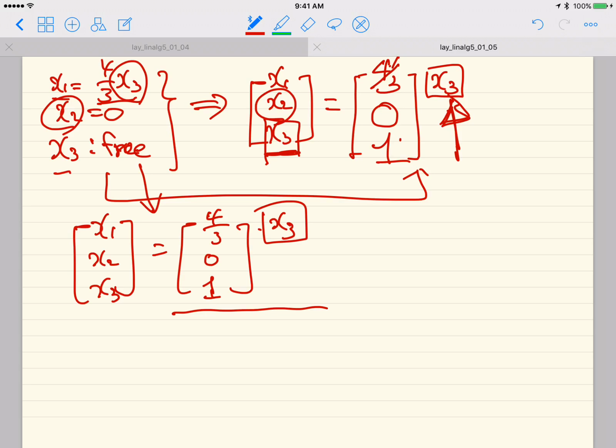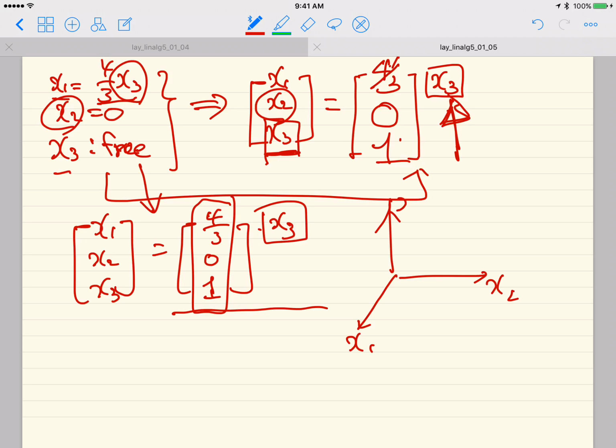We have 3 variables, which means those 3 variables are living in our 3-dimensional space, right? And then our possible solution for x1, x2, x3 is along the line that has the direction of this vector.